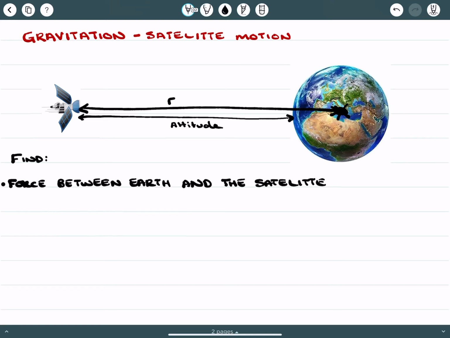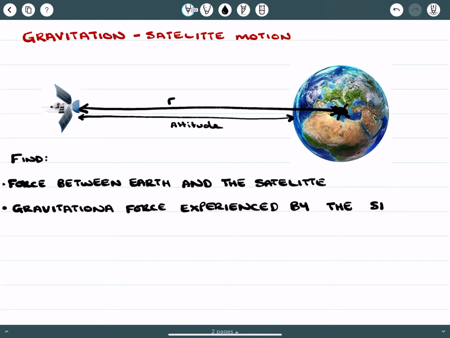We also want to be able to find the gravity, or gravitational force, experienced by the satellite.